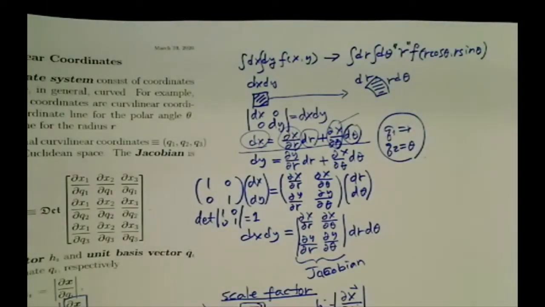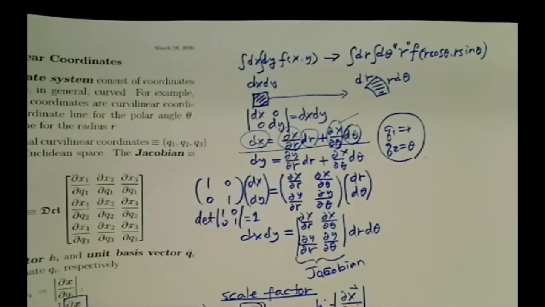The Jacobian is just keeping the area in one coordinate system under a transformation to another coordinate system, because actually the area should be kept the same.